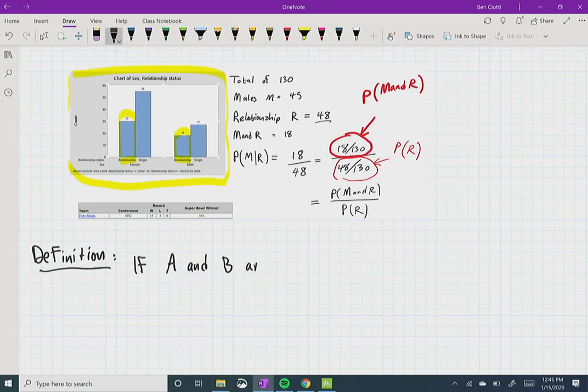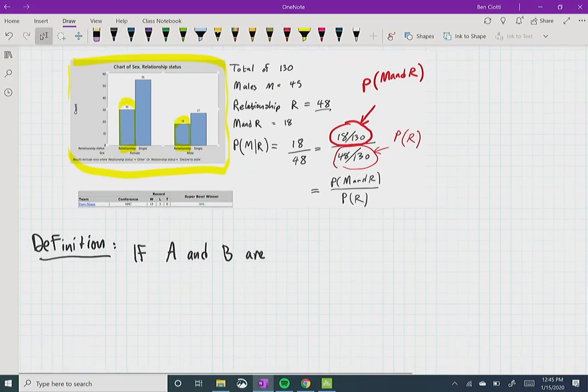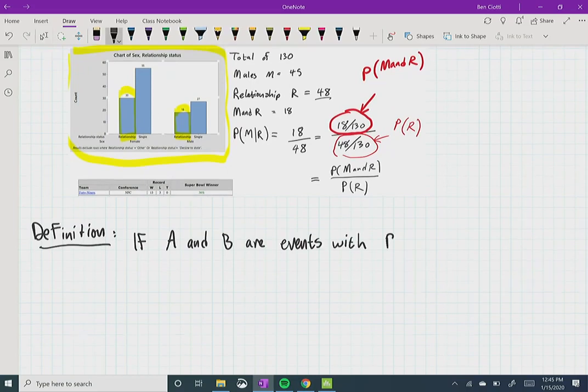If A and B are events with the probability of B strictly positive, you can't do a conditional probability when there's no chance of, like, what's the probability you're single if you're a unicorn? Doesn't make sense to ask that question.